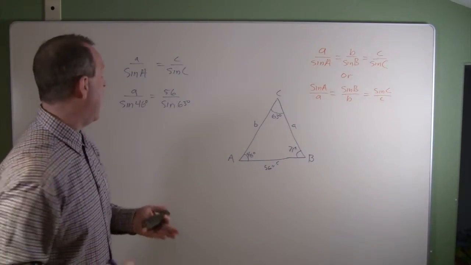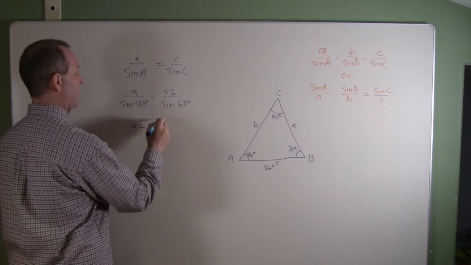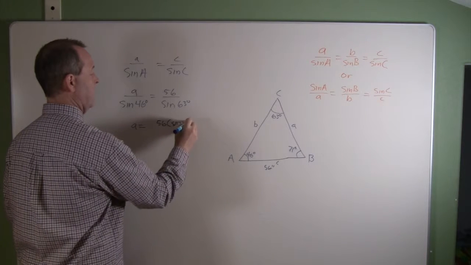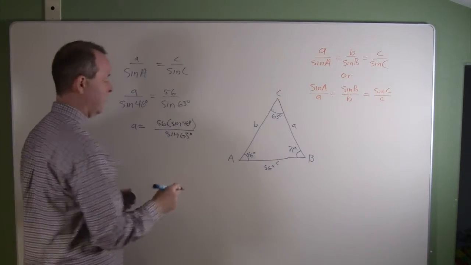Solve that equation for A. Basically, A will equal 56 times the sine of 46 degrees all over the sine of 63 degrees.